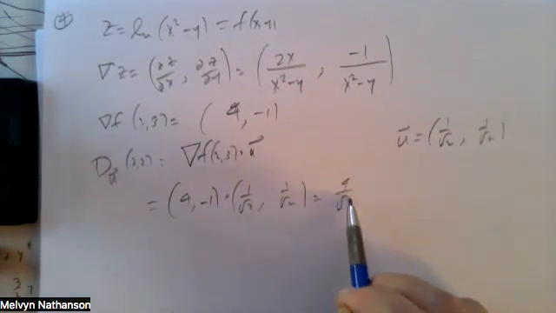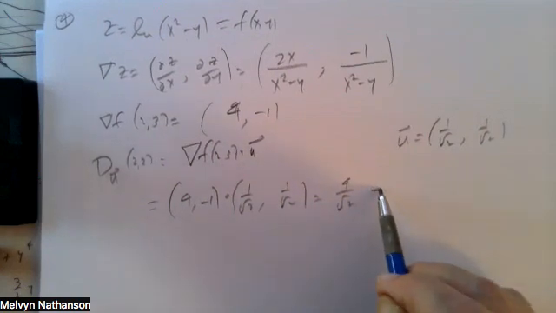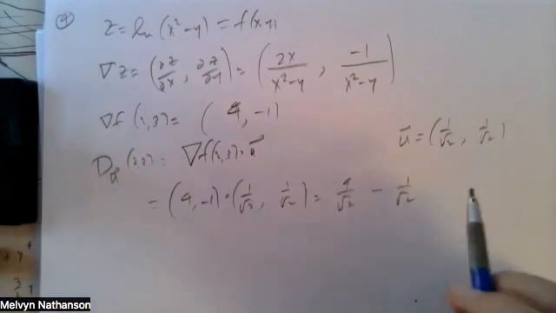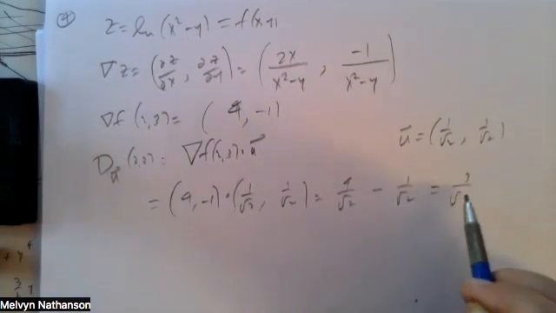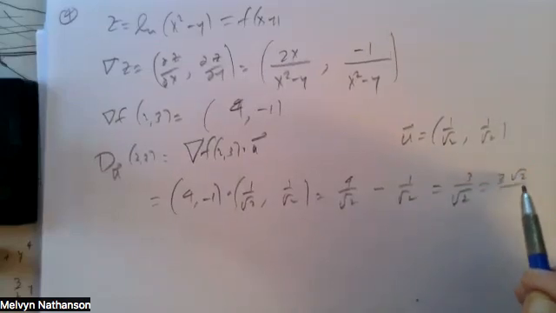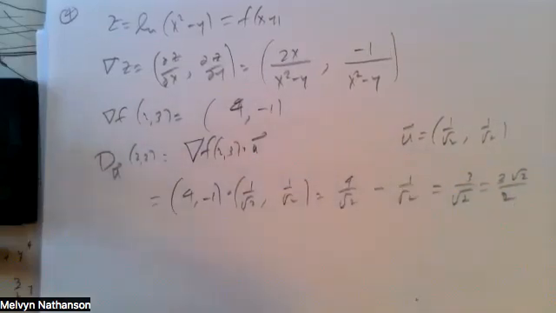So that's 4 over root 2 minus 1 over root 2, which is 3 over the square root of 2. Or if you don't like roots in the denominator, 3 root 2 over 2. They're equally valid. So that is the directional derivative of f at the point 2, 3 in the direction of this unit vector.